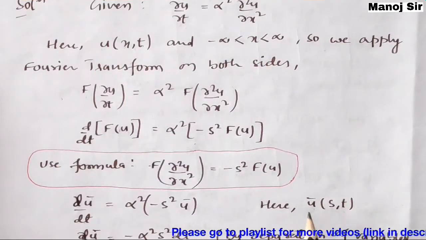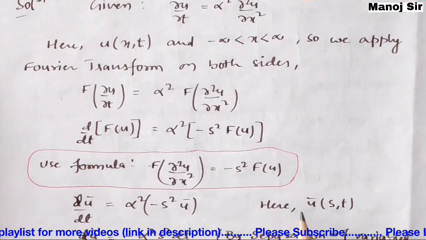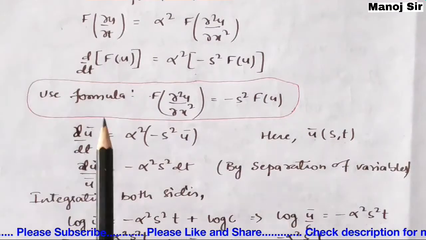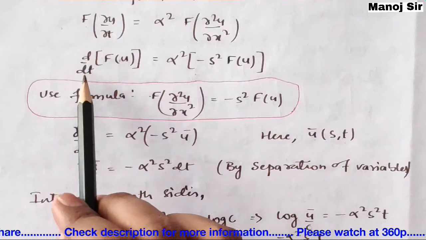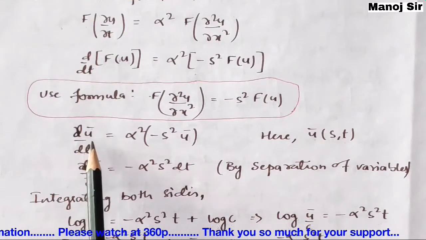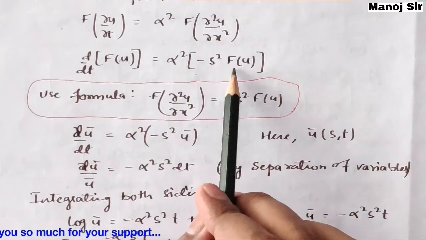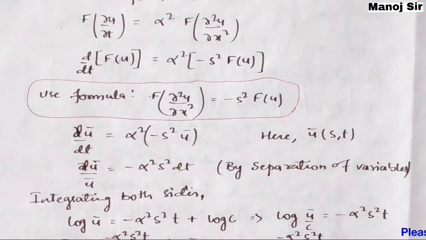So in place of F of u we can write u bar. So d upon dt of F of u can be written as d upon dt of u bar, and this equals alpha square times minus s square times u bar, where u bar is a function of s and t.